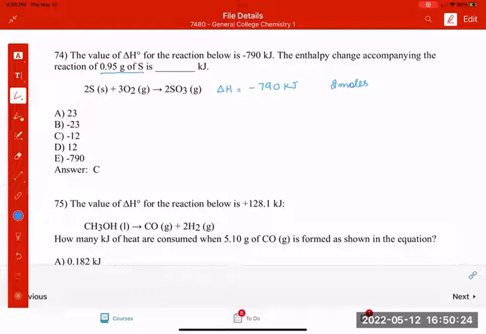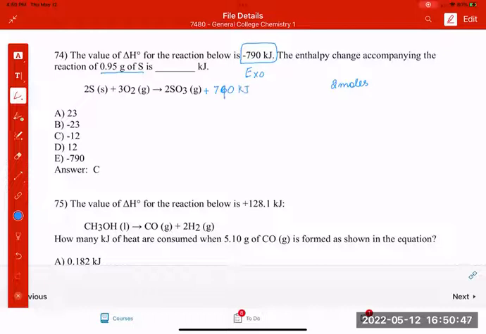Another way of writing this whole thing is also this way. Because it's negative, what kind of reaction is this? Exothermic or endothermic? Exo. Exo is always negative delta H value. That means that the heat is also a part of the products. So this is another way of writing this, 790 kilojoules.